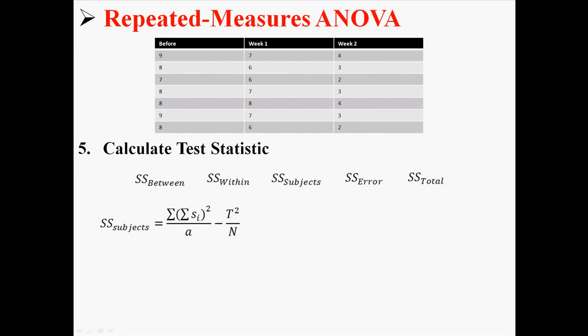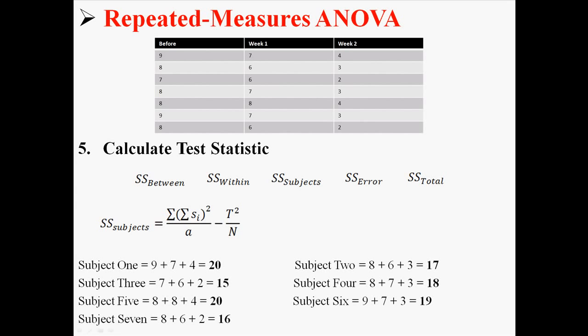Next we have sum of squares subjects, which uses both parts that we've already found so far. But the first part's a little bit different. What we have to do is sum up the scores for each subject, then square them, then add them together. We're finding the sums for each of the 7 subjects.